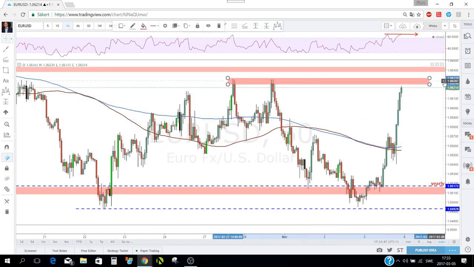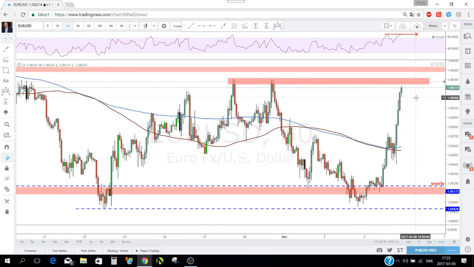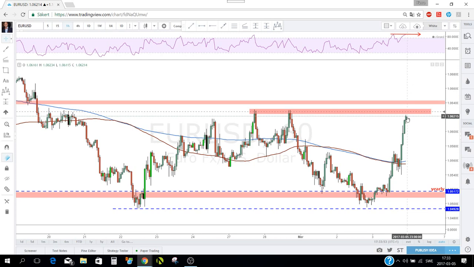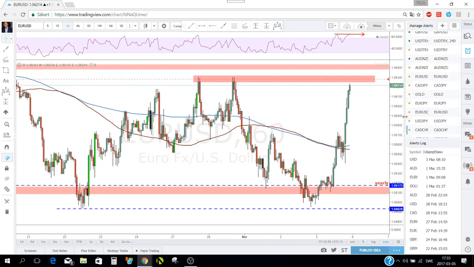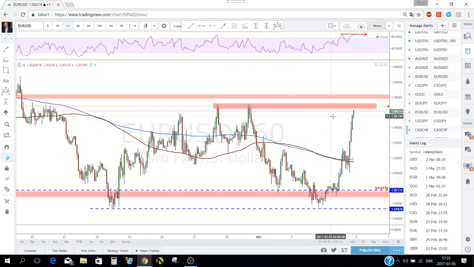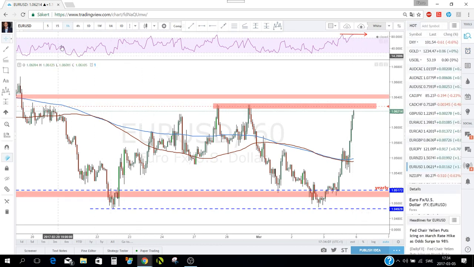My alert will be at this level too, because I will watch and see how price will react. We may get another double top, or we may break it or not. I have a very strong feeling that this area is going to act as resistance again.